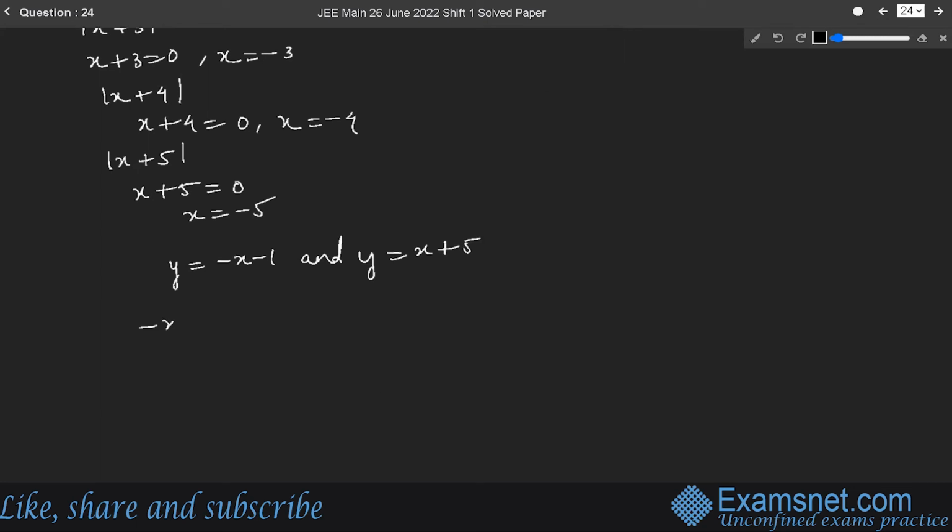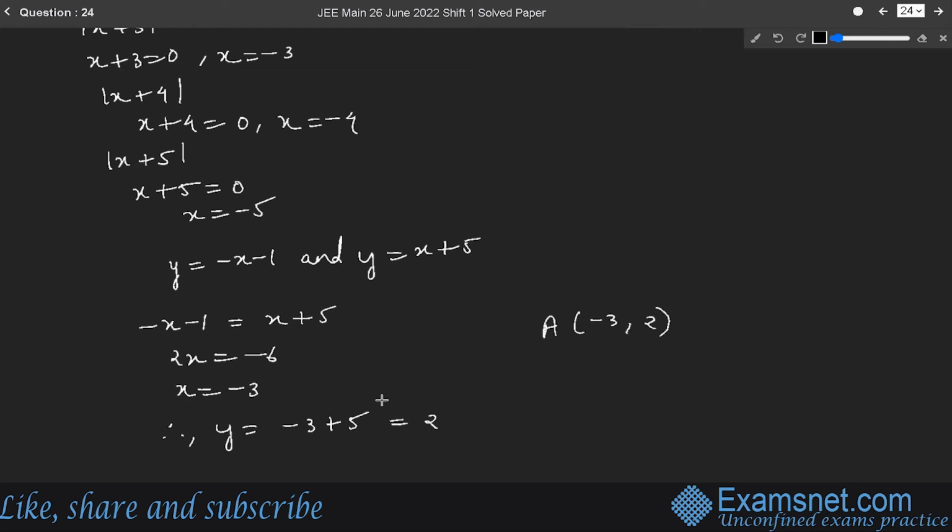So we can say that minus x minus 1 will be equal to x plus 5. So 2x will be equal to minus 6 and x will be equal to minus 3. Therefore, we can say that y is equal to minus 3 plus 5, which is equal to 2. So the point A is minus 3 comma 2. We have found out point A.